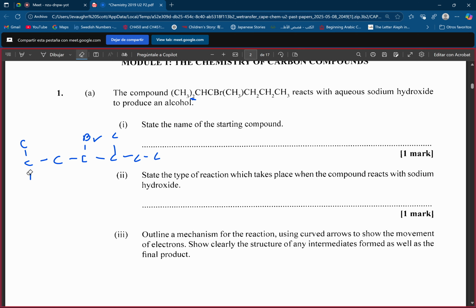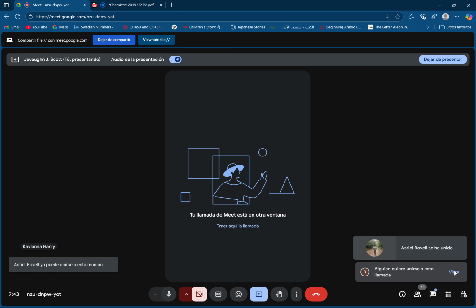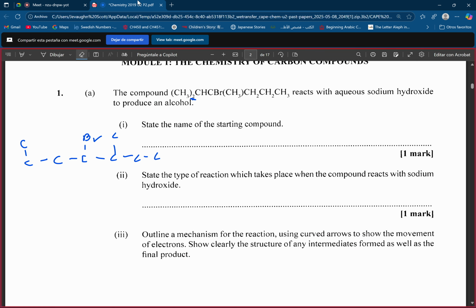So looking at this, do we have the correct number of carbons here? All right. So we're trying to get the actual name from this compound here. All right. So we have a methyl group.